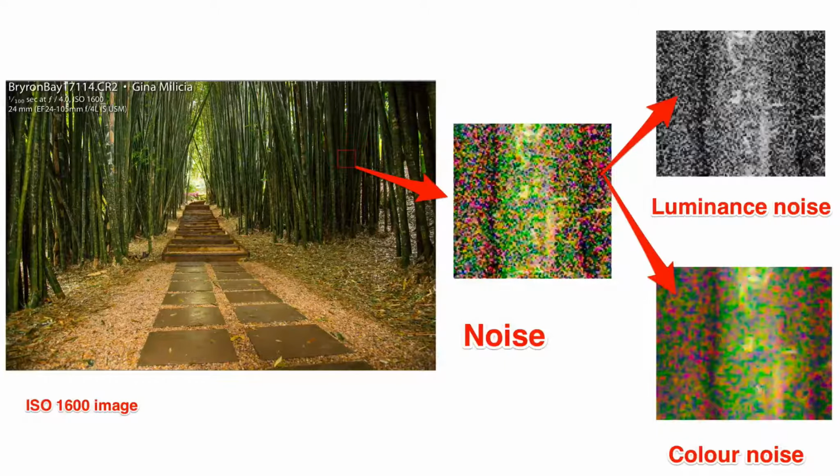So knowing this, we can adjust the image in two separate ways. We can tackle the luminance noise and reduce the appearance of grain, and we can also attack the color noise and reduce the appearance of the color shift in the image. So let's have a look at how that looks now.